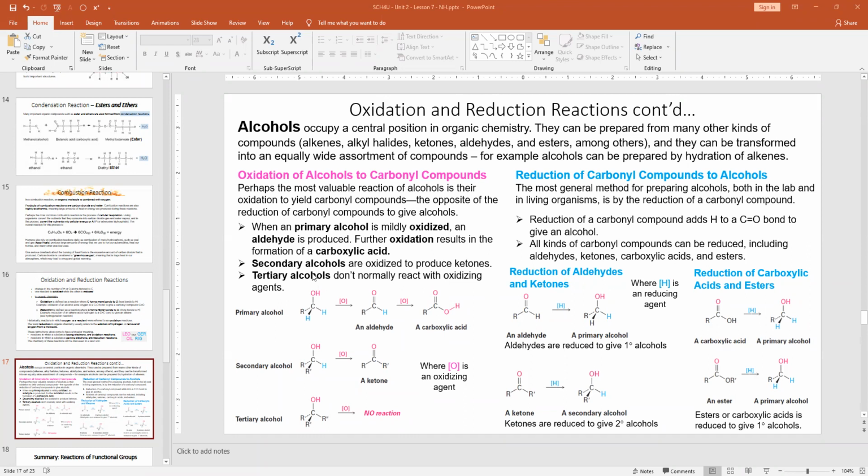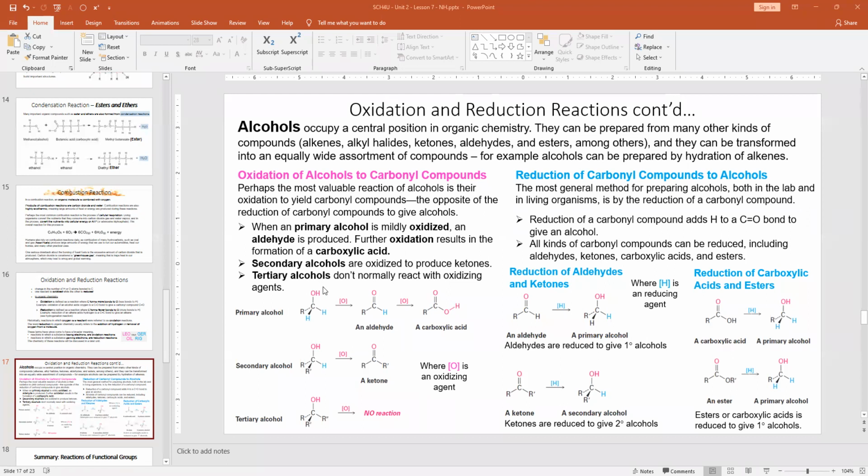The oxidation of alcohols to carbonyl compounds is actually one of the most valuable reactions of alcohols. This type of oxidation reaction of alcohols yields carbonyl compounds, and this is the opposite of the reduction reaction of carbonyl compounds to give alcohols.